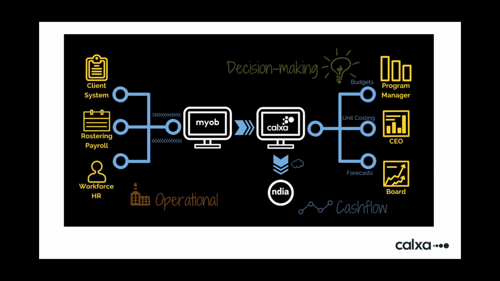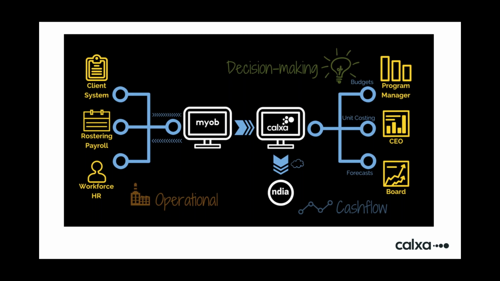It could be any accounting system, it could be any reporting system, but the key thing is that on the left hand side you've got these other systems, and in principle it doesn't matter whether they're manual paper-based systems or electronic apps, but you have something that looks after clients, that records client information, a CRM system, client management system, whatever, something that manages rostering, payroll, that sort of thing, and then the workforce HR management side of things.